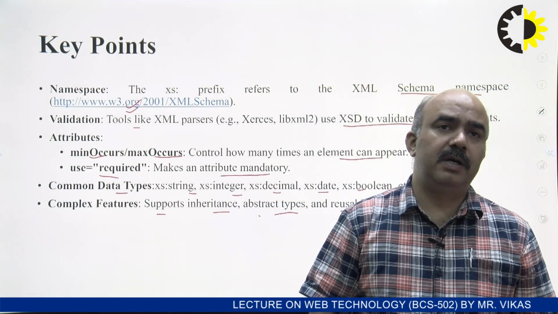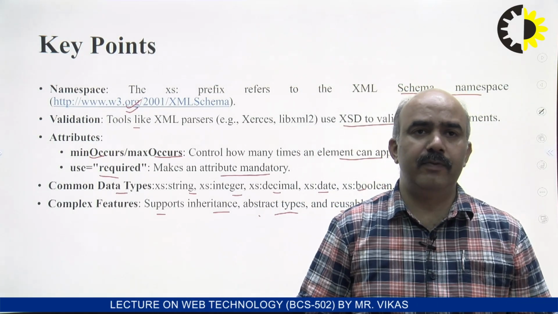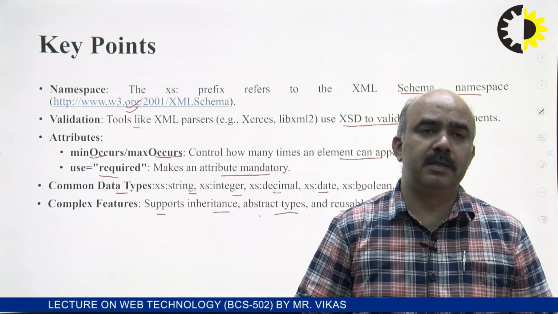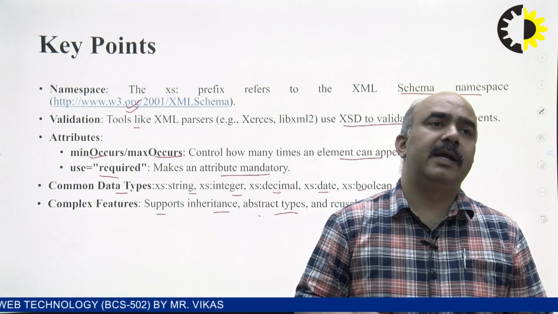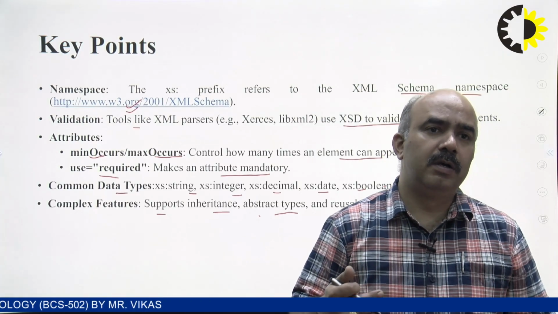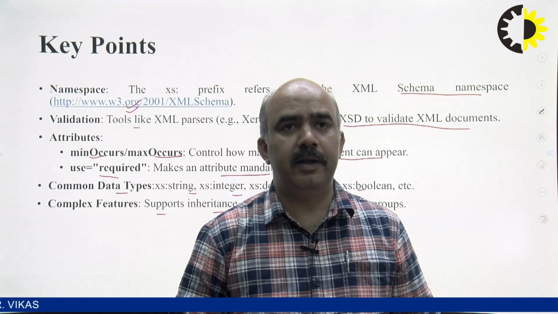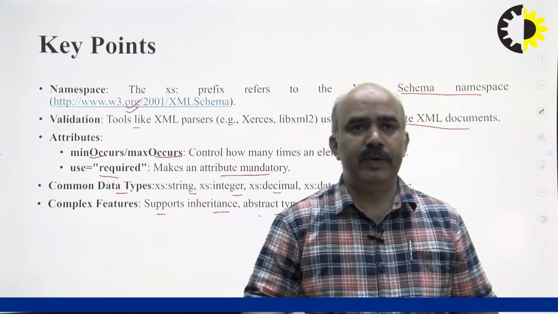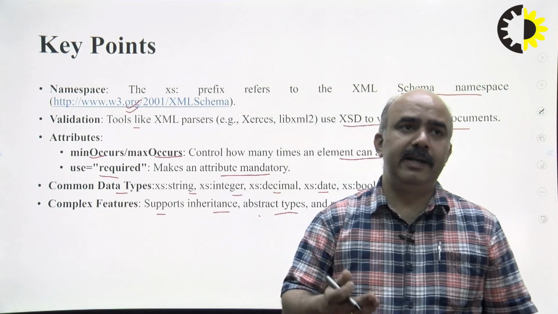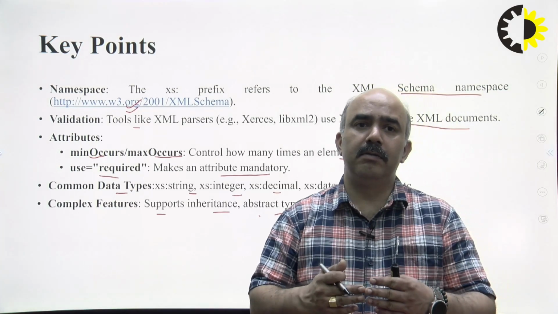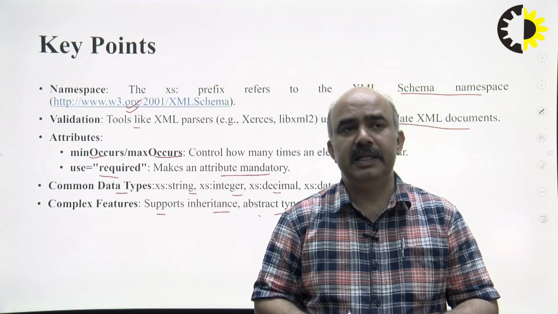So XML is basically a well-formed document where we send or store information. In order to validate the user-defined tags, there are two ways through which we can do it: one is DTD, another is XML schema. In DTD, we can validate internally or externally. We have already seen the examples.